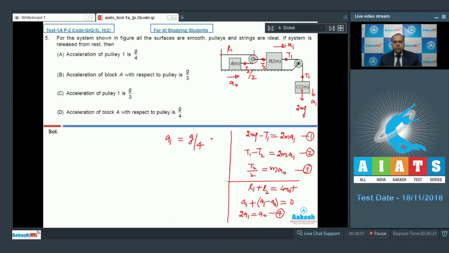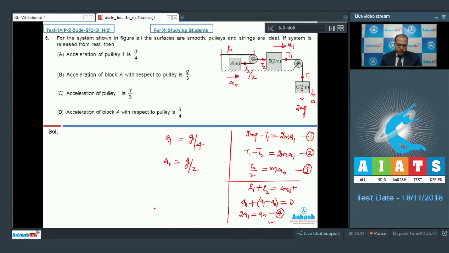That is the acceleration of pulley 1. And if I calculate the value of a0 from this equation, it comes out to be g by 2.